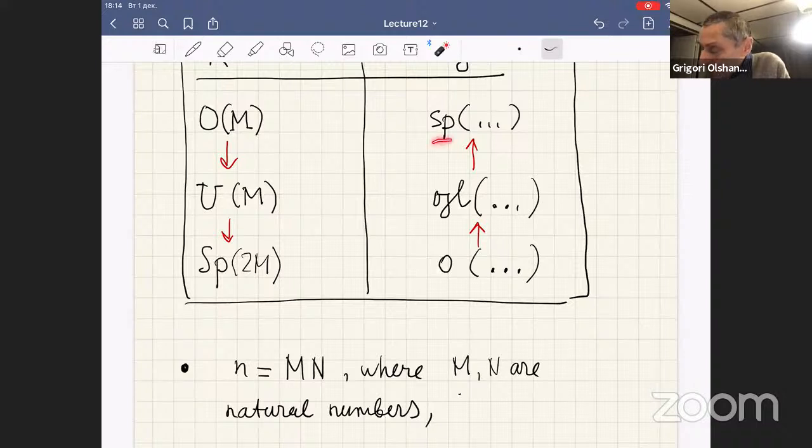So we restrict this representation of a symplectic group to some smaller subalgebra, which is isomorphic to GL. And when we restrict it, the group which generates the commutant becomes bigger, and it is the unitary group.